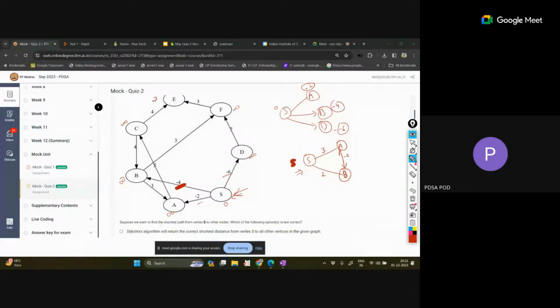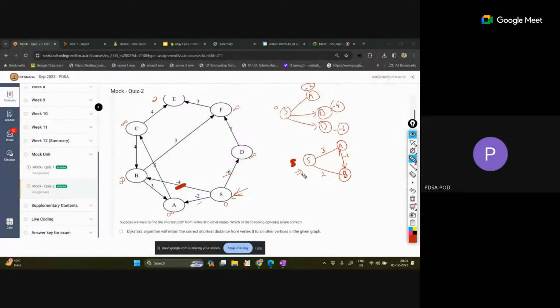This is the Dijkstra process, if you remember that. According to the greedy algorithm, we never change the previous decision. If we have selected and visited any vertex in our graph, we will never update or check that vertex's distance in later processes. The same thing happens in this Dijkstra algorithm.